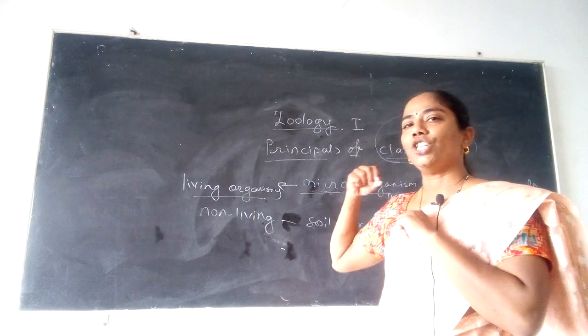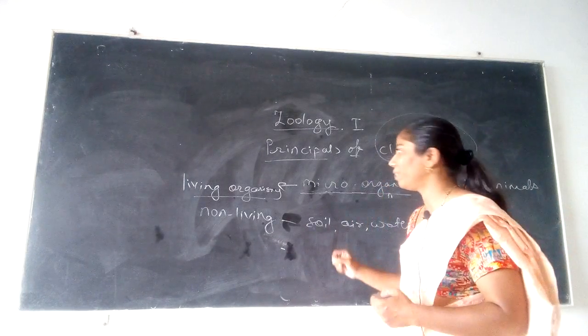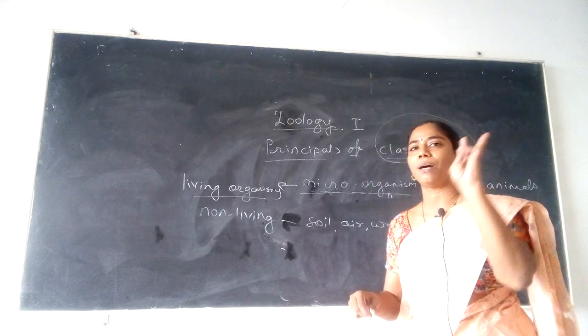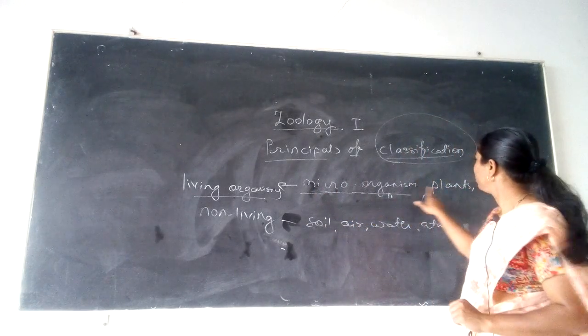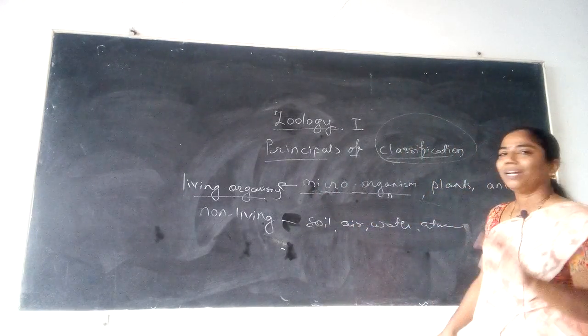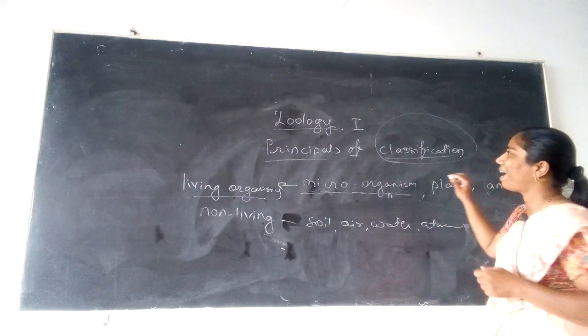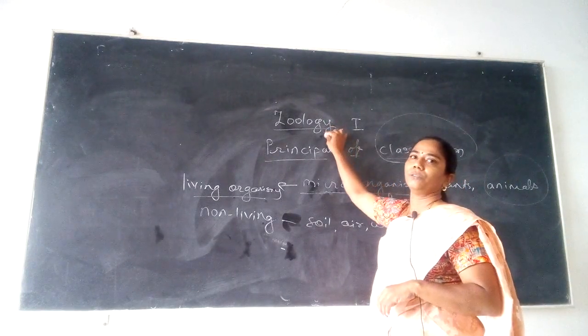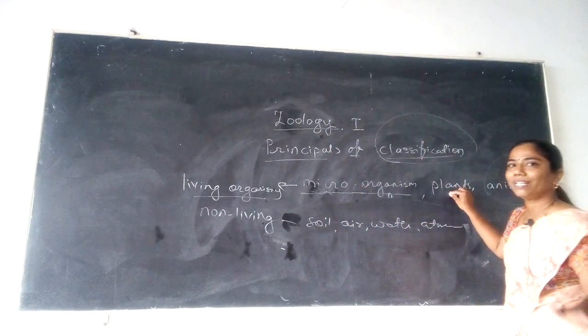सेम तसंच जे पण काही लिव्हिंग ऑर्गॅनिझम आपल्या पृथ्वीवर आहेत त्या सगळ्यांचं आपण 3 गोष्टींमध्ये क्लासिफिकेशन केलेलं आहे. मायक्रो ऑर्गॅनिझम, प्लांट्स आणि ॲनिमल्स. And when it is related with animals, we call it zoology. When we study plants, we call it botany.